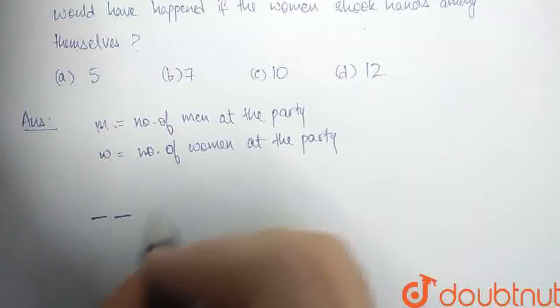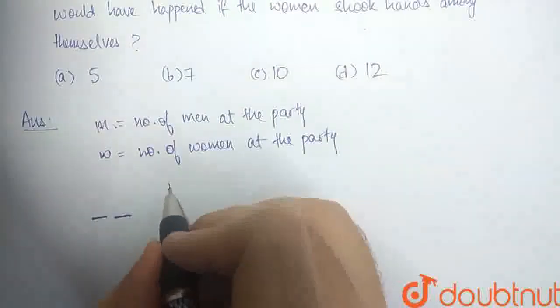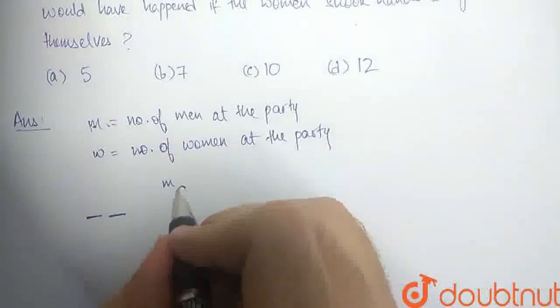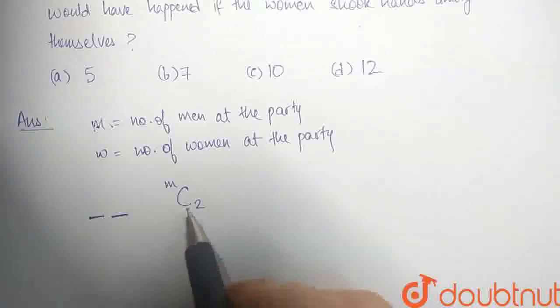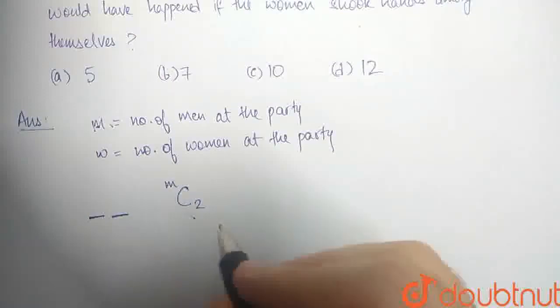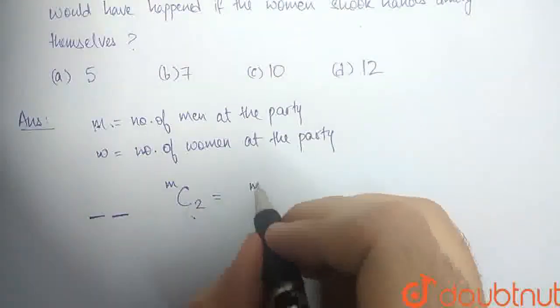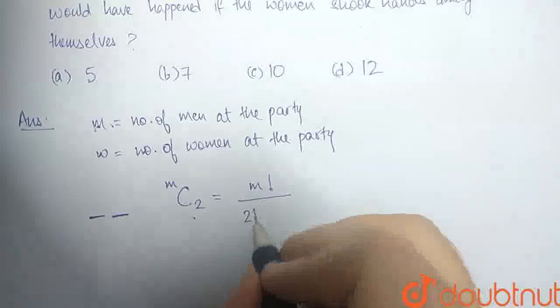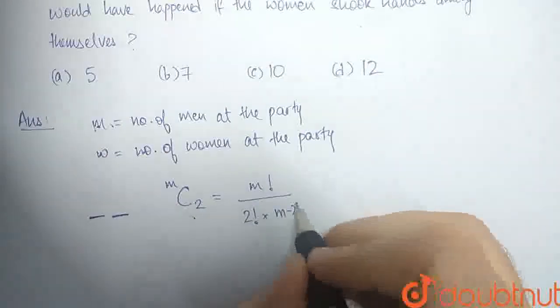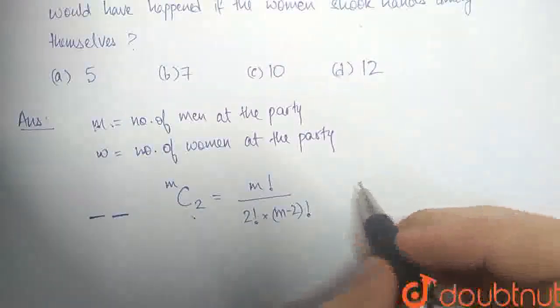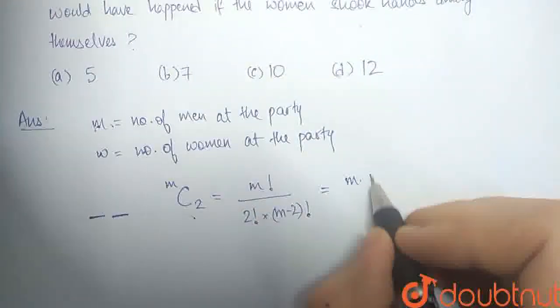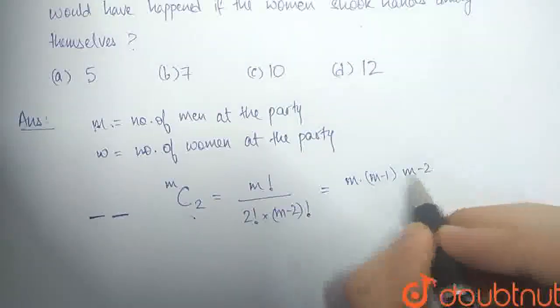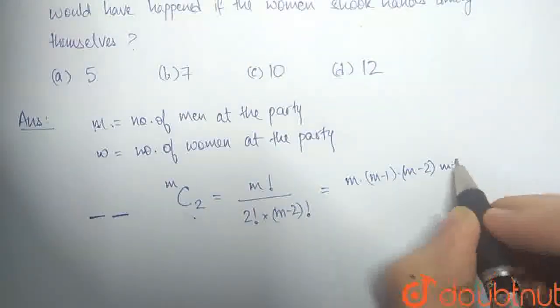So we need to find out the number of combinations and not permutations. The total here is M, and we need to select from that M just two people at a time. Therefore the term we need to find out is MC2, which is the number of combinations of two people at a time out of a total of M. The formula for this is M factorial over 2 factorial times M minus 2 factorial. So I can open M factorial as M, M minus 1, M minus 2, M minus 3, and so on.